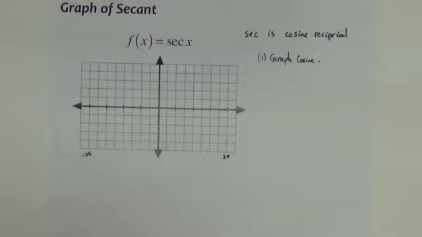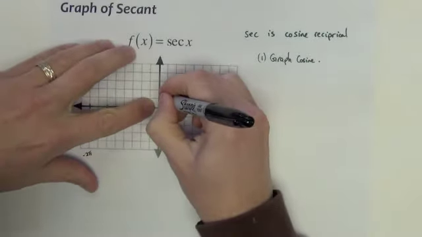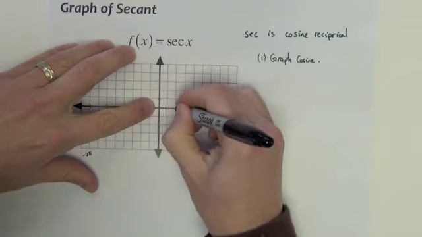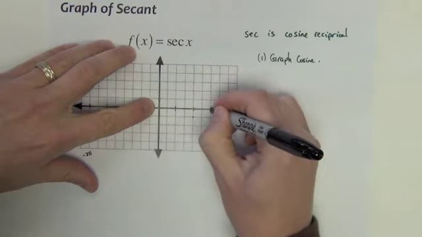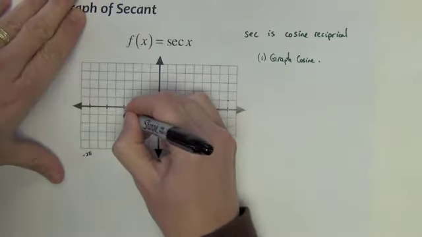And let's just go ahead and get a full graph of cosine on here. Cosine starts off the origin, then it returns to 0, goes down 1, back to 0, up 1. Same thing out here to the left.